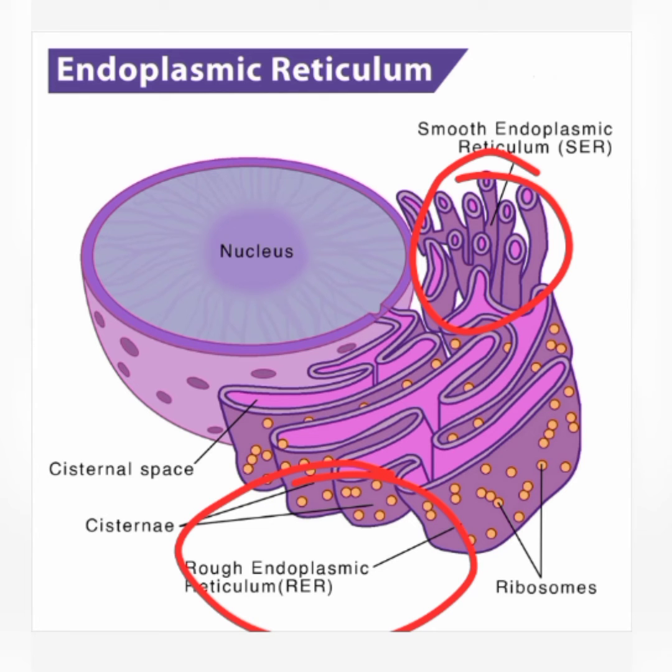That is why it appears rough on its surface. RER has a rough appearance because a number of ribosomes are attached to its outer surface. It is well developed in plasma cells, fibroblasts, and goblet cells.